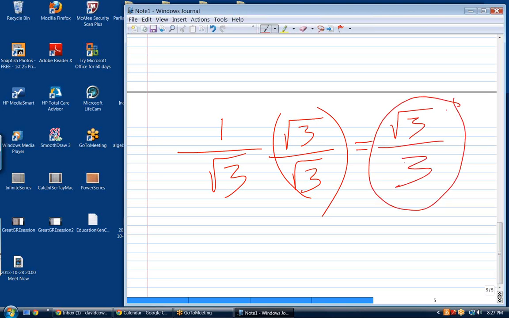That's the way to give that answer, because this has a rational denominator, and that's the rule that all mathematicians have lived with, is that you don't put irrational numbers as denominators, and you don't put imaginary numbers or complex numbers as denominators.